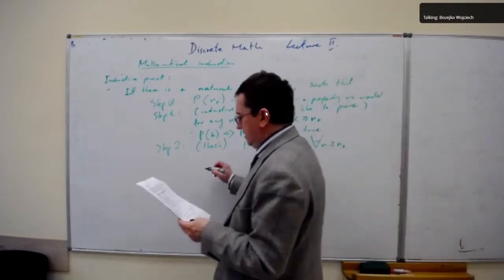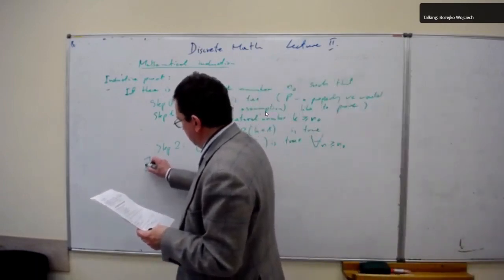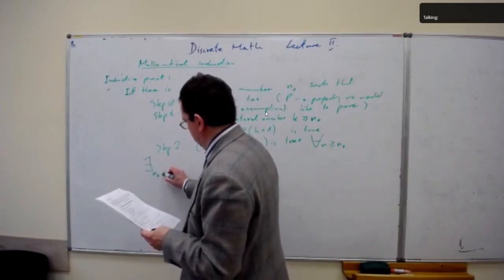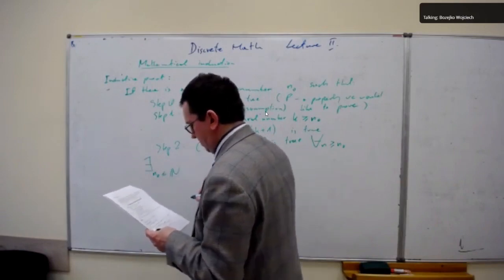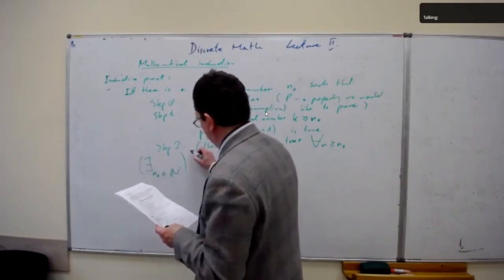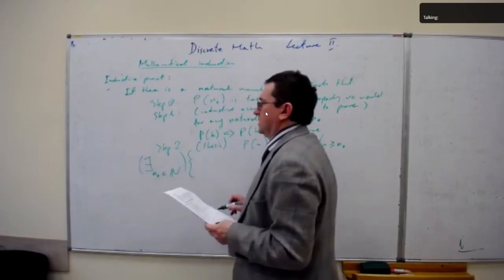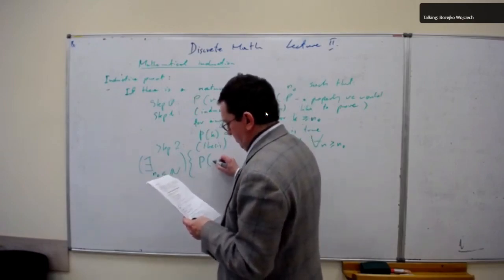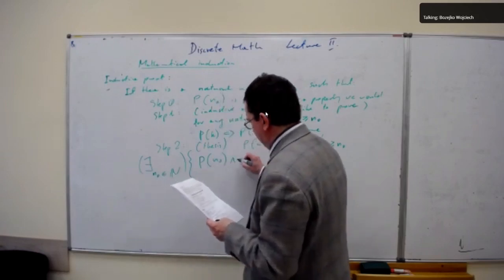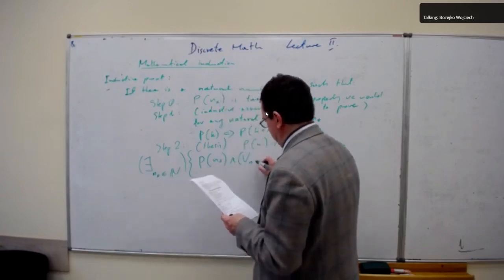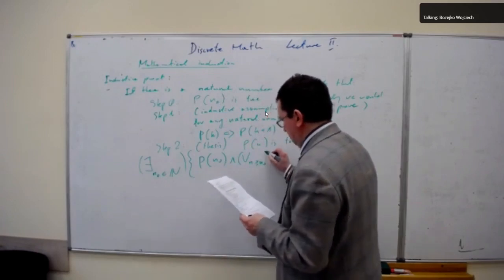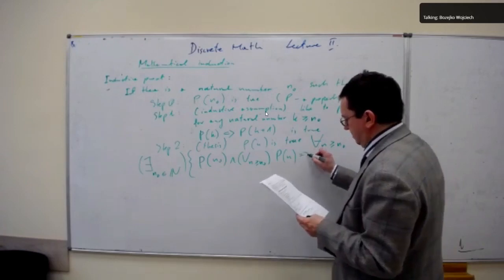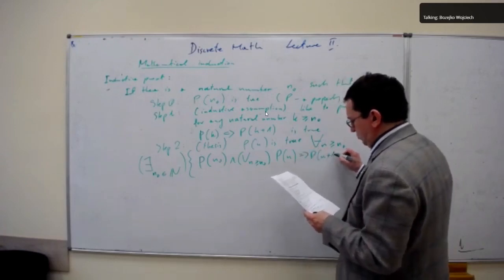So formally it looks like this: there exists n0 belonging to the natural numbers such that P(n0) is true, and for all n greater or equal to n0, P(n) is true, which means that P(n+1) is true.